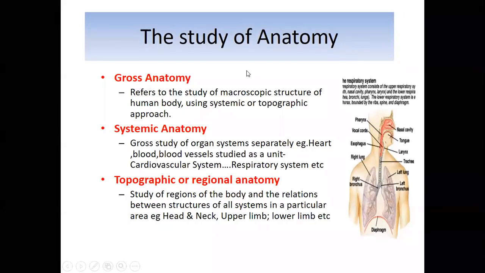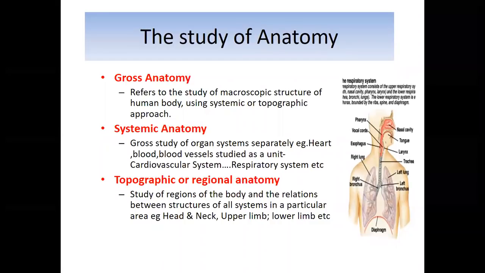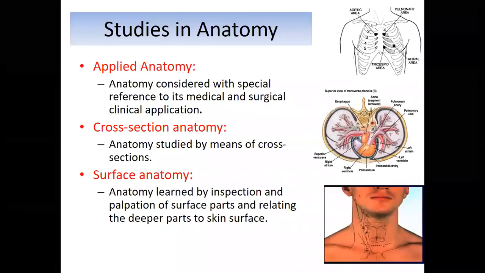Okay, now we're going to move to the next section of the presentation. Just now I mentioned three initial studies of anatomy. Now we're going to proceed to the next one, applied anatomy. What is applied anatomy? It is anatomy considered with special reference to its medical and surgical applications.